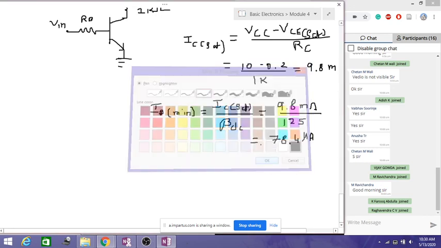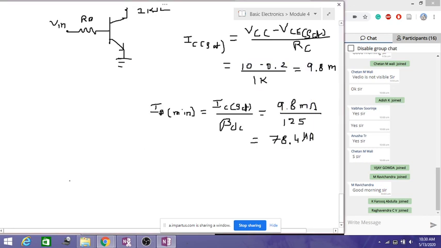For that, we take the same input equation here. We have seen in the previous example that VRB is equal to Vin minus VBE. So here it is 8 minus 0.7, so we will get 7.3 volts. Then RB we can find simply.